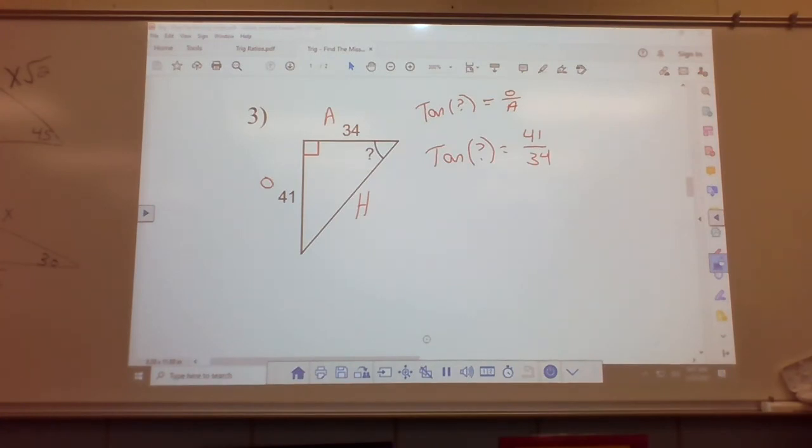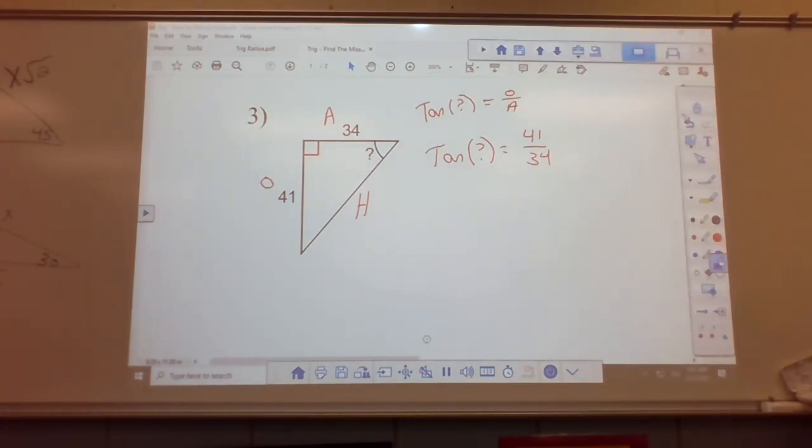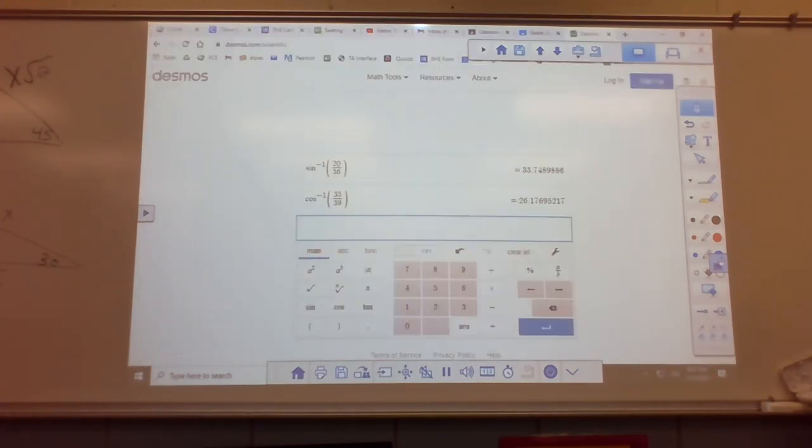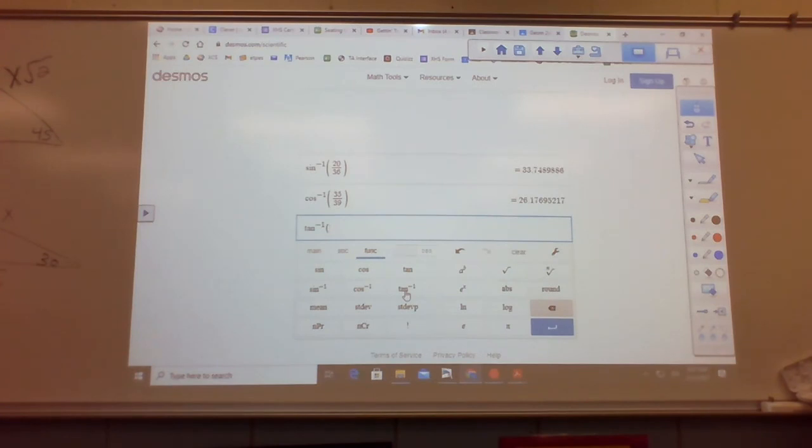Then we're going to go back to the calculator. I need the inverse, so inverse tan. Again, you can either go back to the main button or you can just use your keyboard. 41/34. Enter. I got 50. So 50 degrees is my answer.